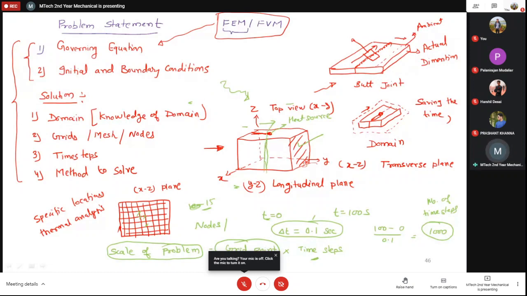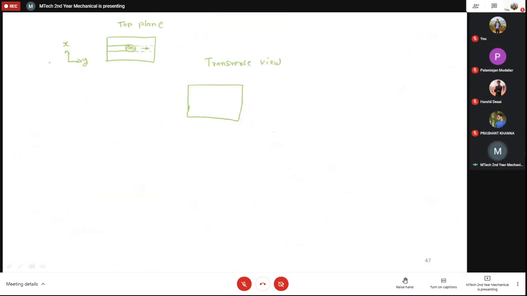We have taken a plane in the transverse direction, and if you view it, you will get information something like this. This is our weld or molten material, based on the location. If we take the location at the heat source, we will get the molten pool. If we take the section behind the heat source, you will get the solidified weld. If you take a section before the heat source, you will get the normal view. You won't get any information.